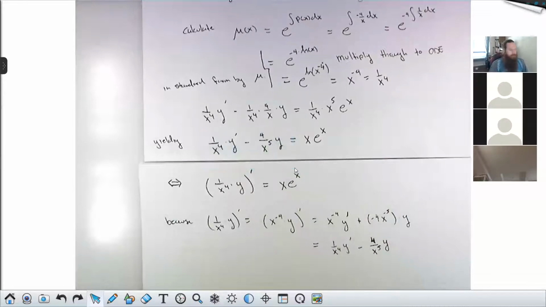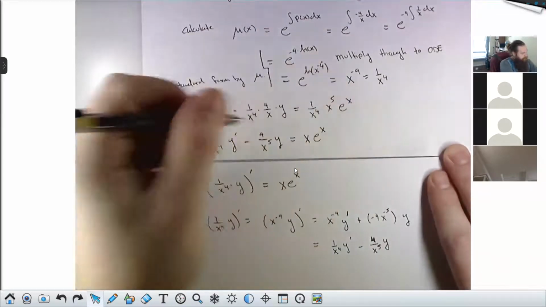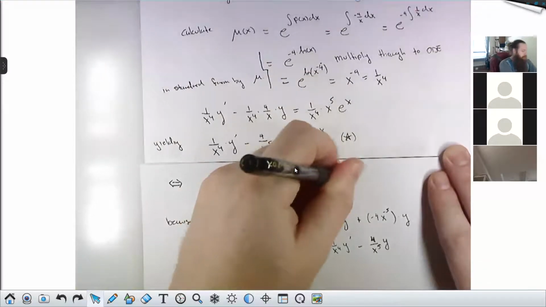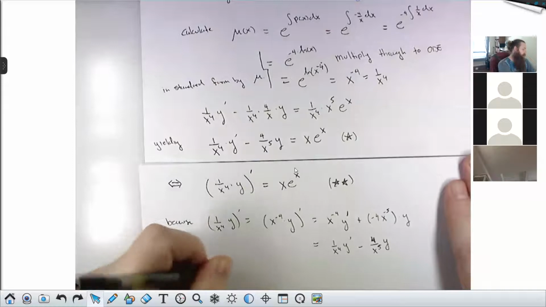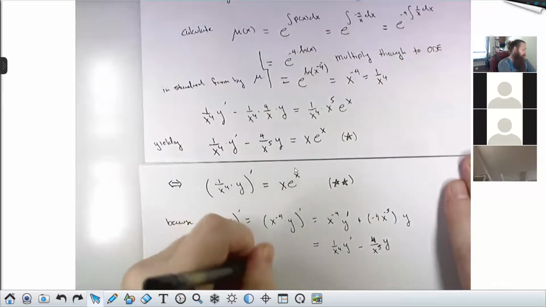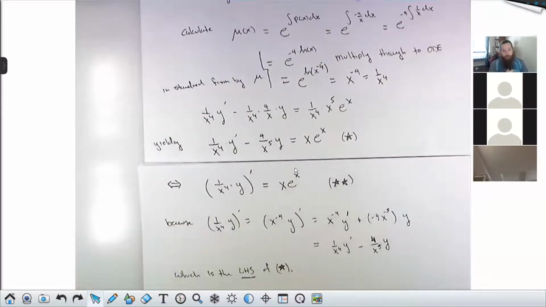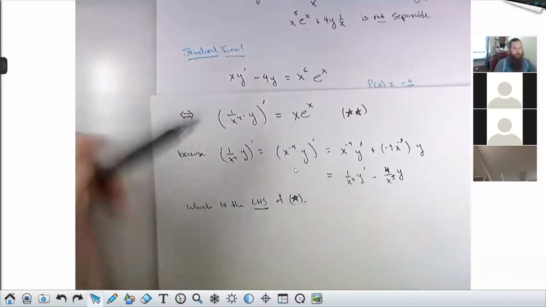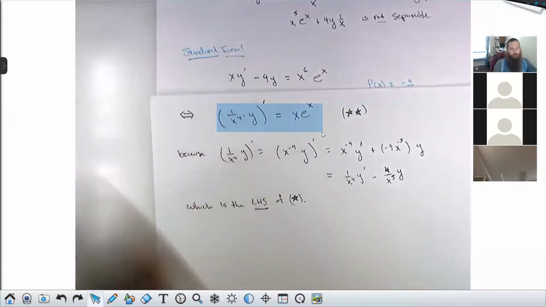That's what we got. So let me call this equation star. Call this equation 2 star. That which is the LHS, 1 star. So my original differential equation, this thing, is equivalent to 2 star, this thing.